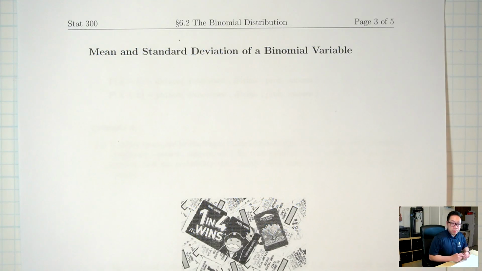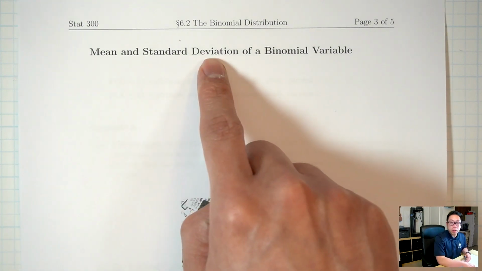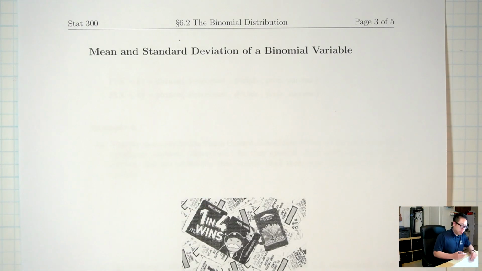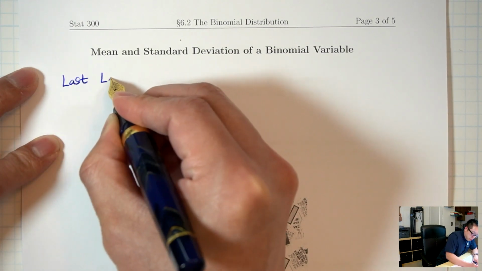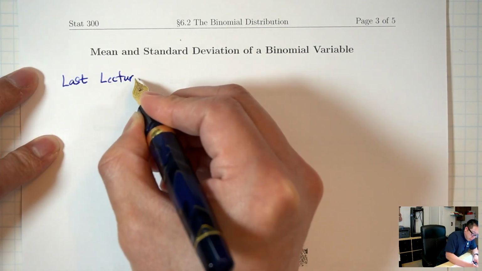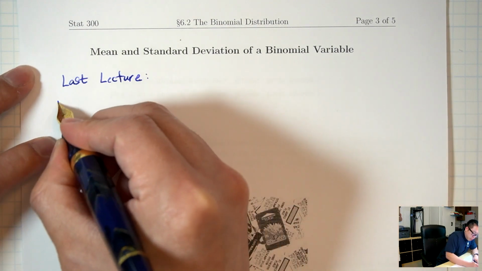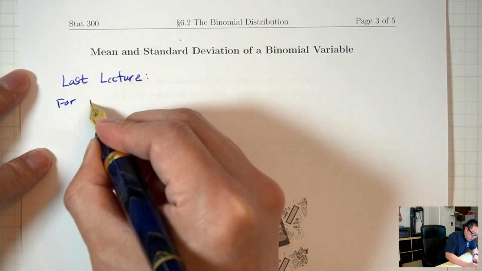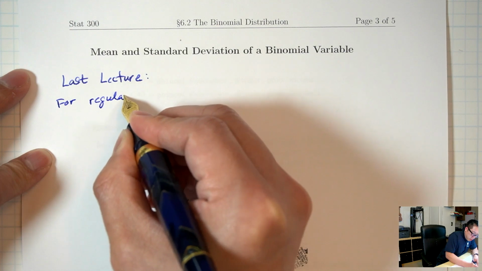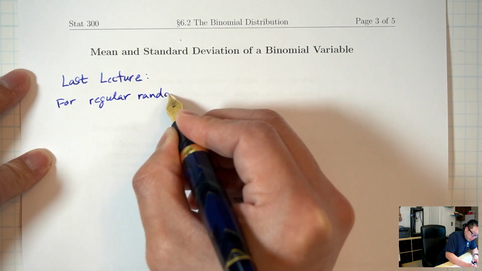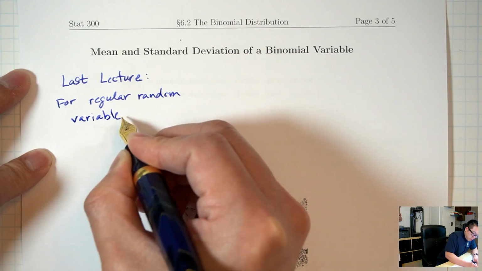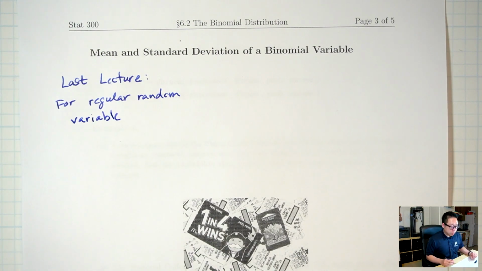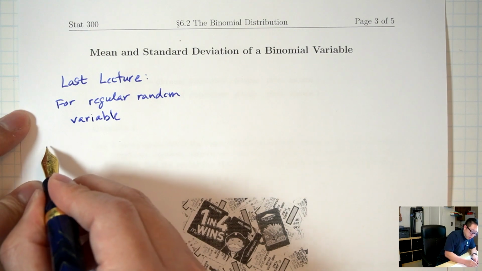In the last lecture, we talked about mean and standard deviation for a regular random variable. To find the mean and standard deviation, we had to make a table.